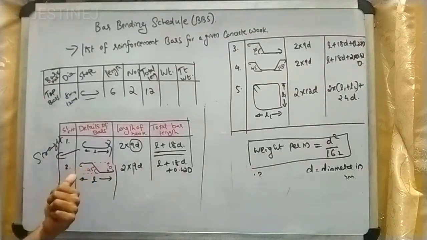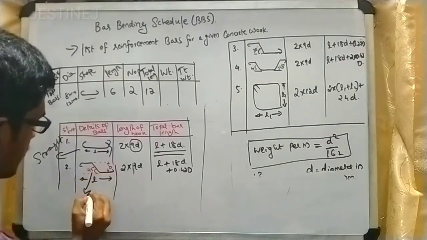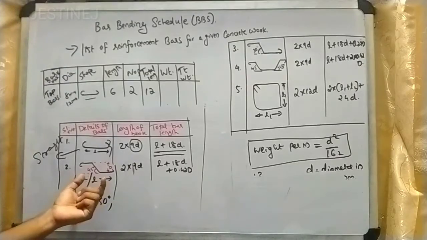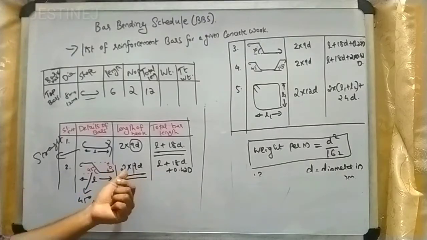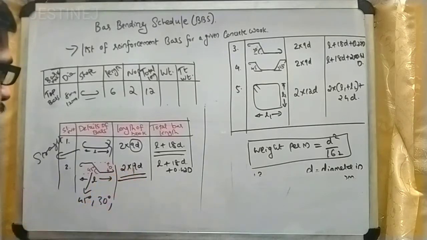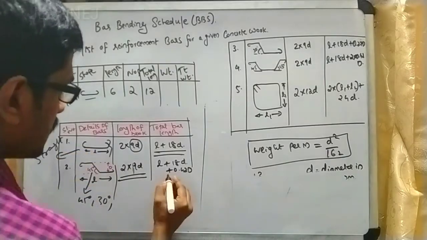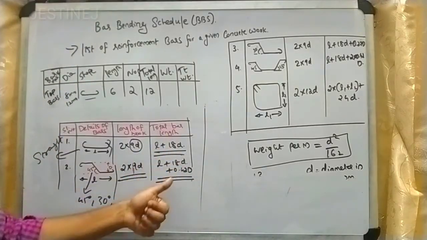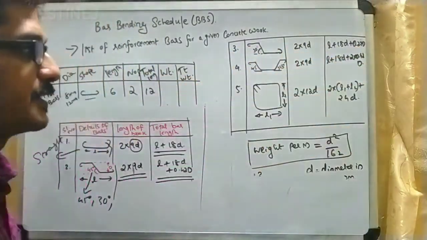Similarly, in the second case, in this format, some cranks are provided, and the angle may vary, that is 45 or 30 degrees. You can easily calculate this also. The hook length is going to be 2 multiplied by 9d, and this vertical distance is represented as capital D. So the general equation is L plus 18d plus 0.42d, and if the angle is 30 degrees, it is going to be 0.27d.